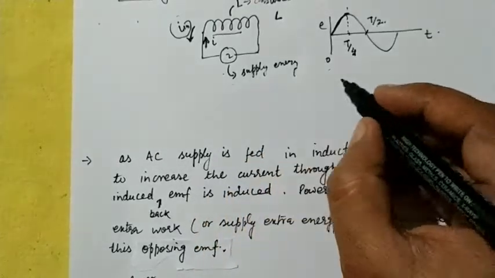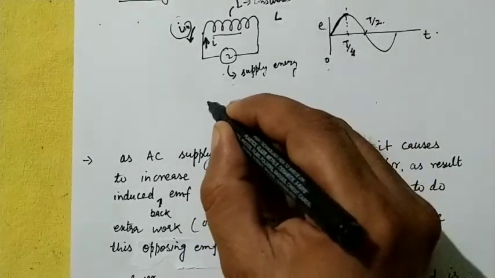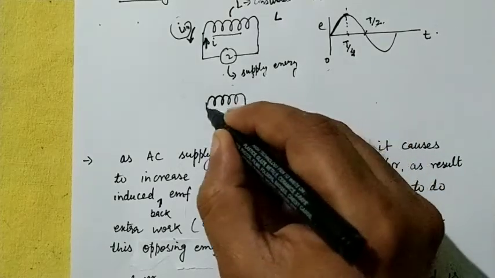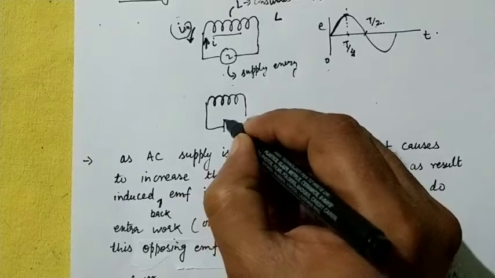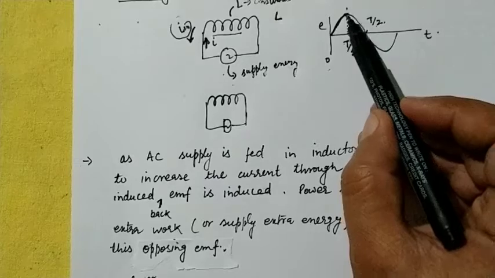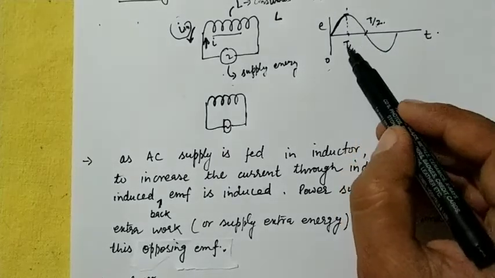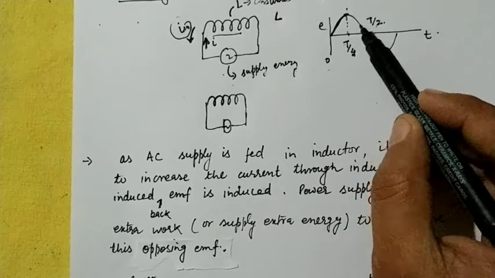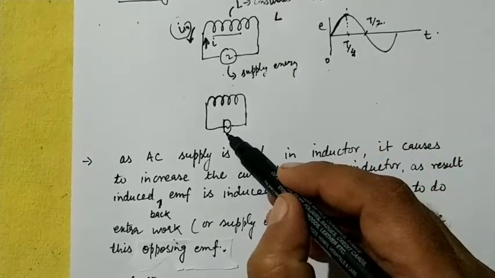Now in the second case, for the time period T by 4 to T by 2, the voltage supply keeps on decreasing.